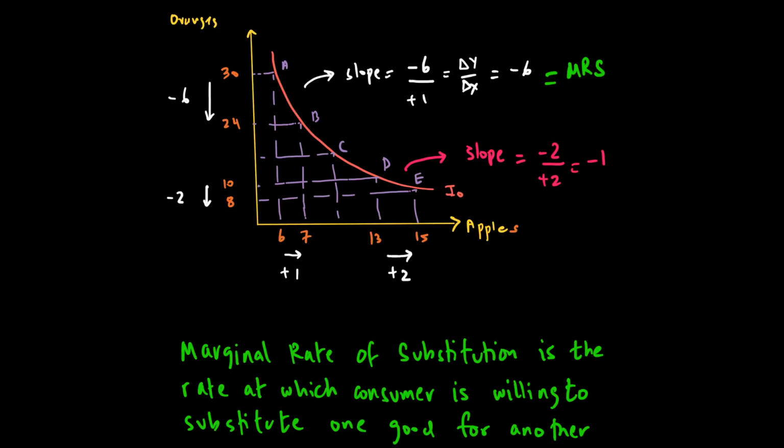And we also say this marginal rate of substitution is simply MUx over MUy. In other words, in this case, since good X is apples and good Y is oranges, my slope or marginal rate of substitution is simply MU of apples over MU of oranges, which is MU of the good on the x-axis over MU of the good on the y-axis.